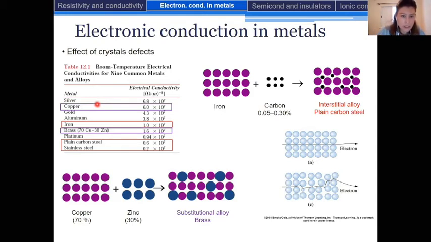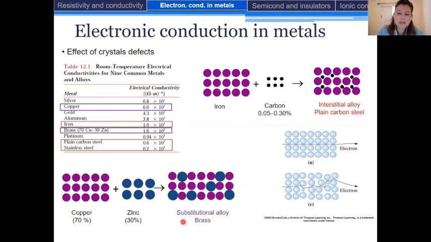And now let's compare the value of the electrical conductivity for copper, which is 6 times 10 to the power 7, and of brass. Let's remember that brass is 70% copper, 30% zinc, and we have a substitutional alloy, the formation of a substitutional alloy, which is brass.